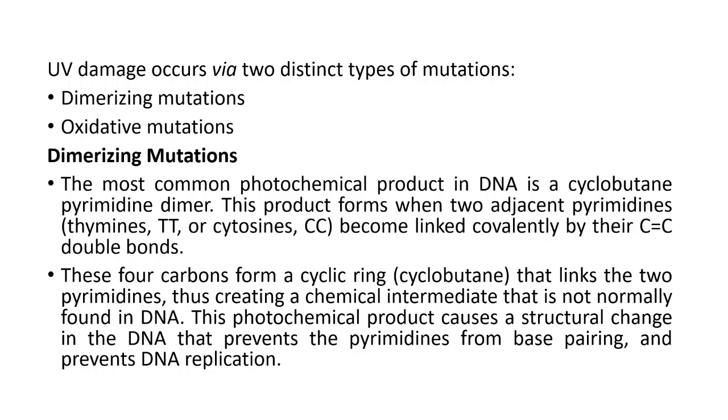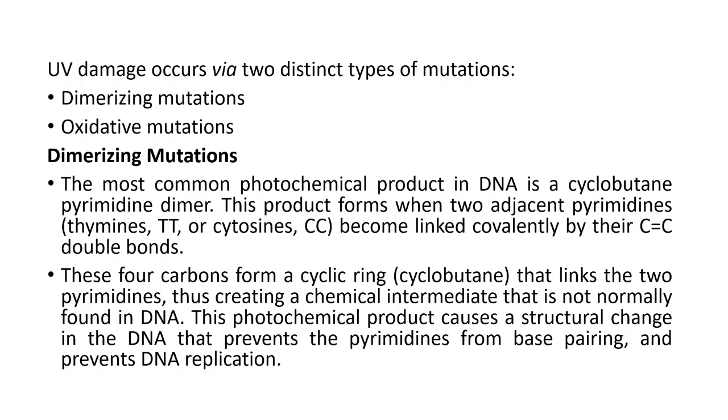For example, two thymine bases can link together or two cytosine bases can link together. These four carbons form a cyclic ring, or cyclobutane, that links the two pyrimidines, thus creating a chemical intermediate that is not normally found in DNA.